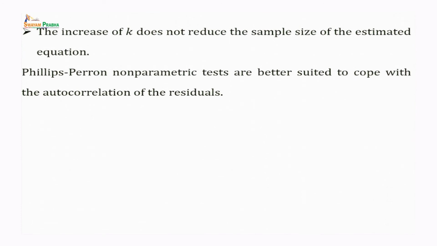Then in the augmented Dickey-Fuller test, there is one more problem. If you increase the value of k, it reduces the sample size, but the Phillips-Perron does not have such kind of problem.